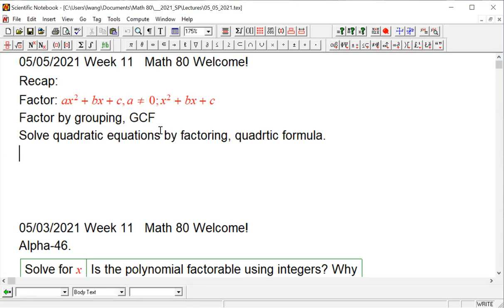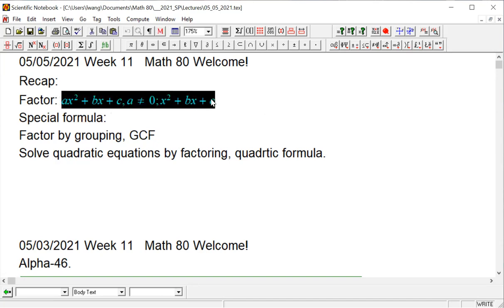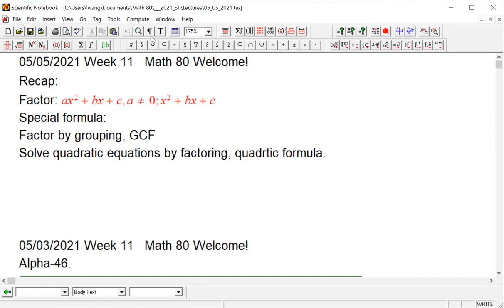We have solved the quadratic equations using principle number 5. By the way, the other thing is factoring by special formula. We can also use this: a squared plus or minus 2ab plus b squared equals a plus or minus b, squared.